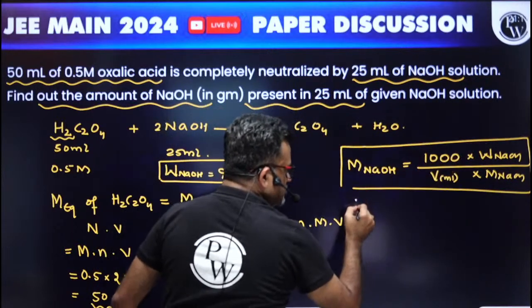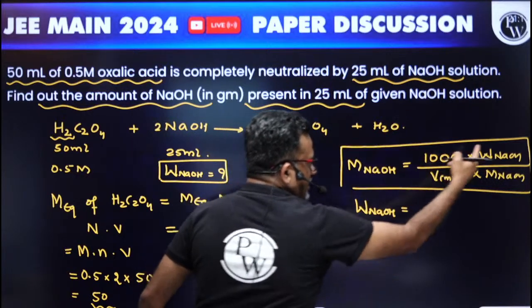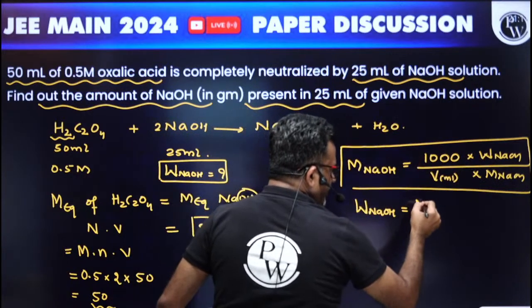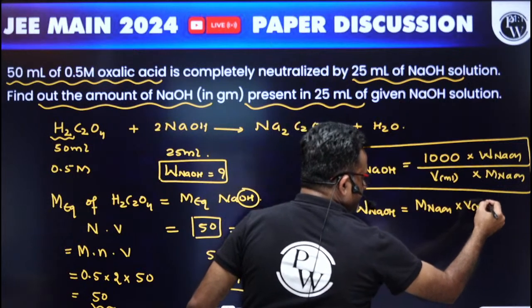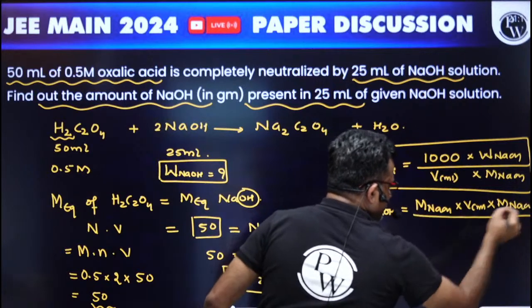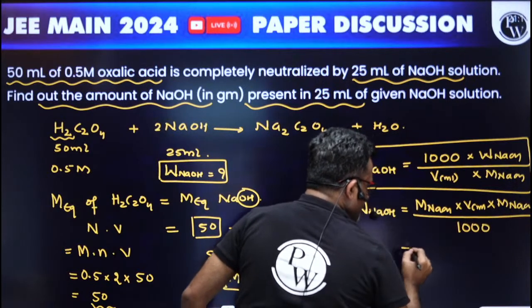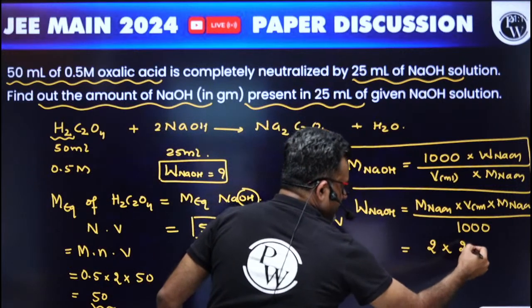They have asked you mass of NaOH. So your mass of NaOH would be molarity of NaOH into volume in ml into molecular mass of NaOH divided by 1000. Your molarity of NaOH is 2. Your volume given is 25.